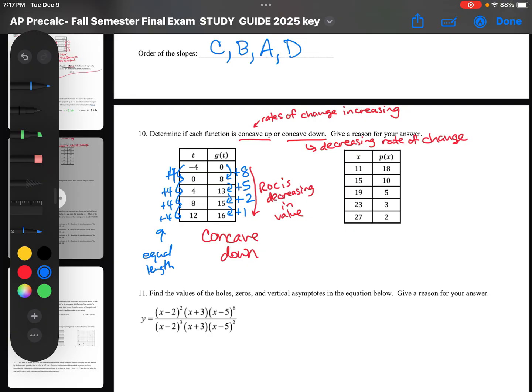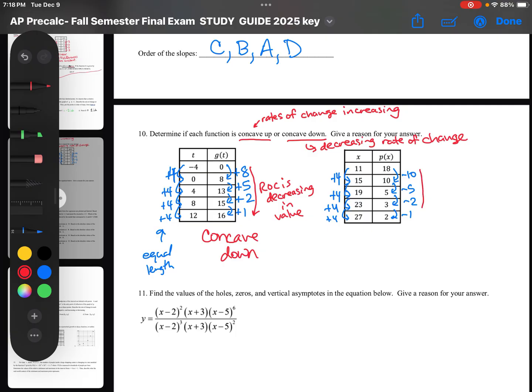My apologies on that. This one, we're increasing by 4, by 4, by 4, and by 4. Okay, so my inputs are equal length. We want that. Outputs, minus 10, minus 5, minus 2, minus 1.